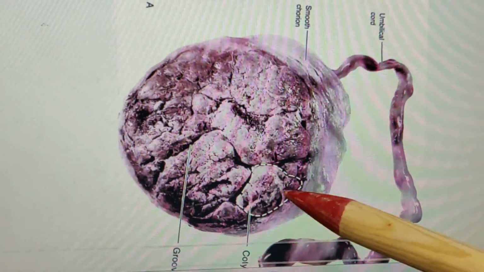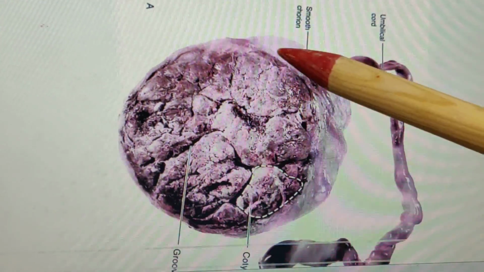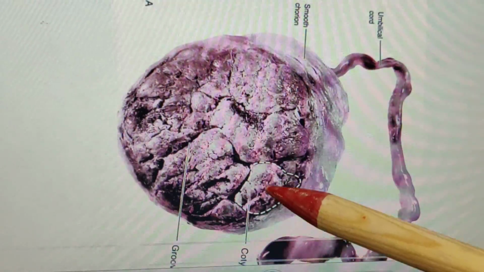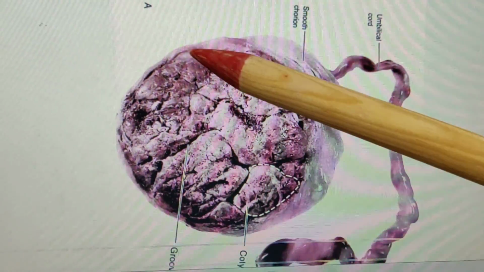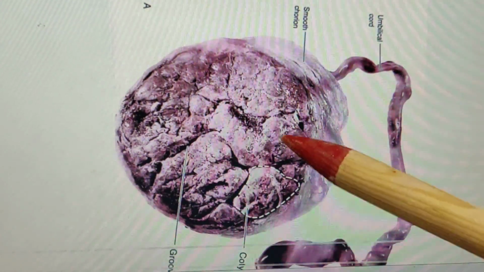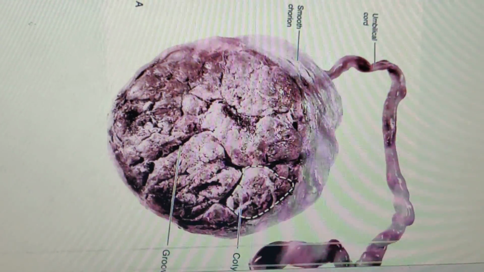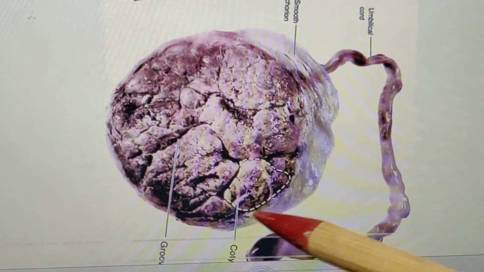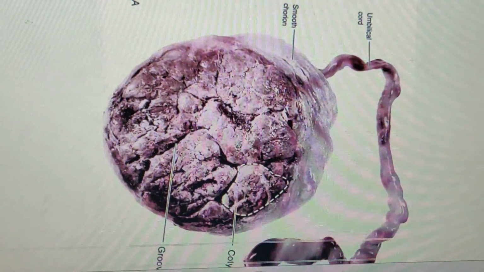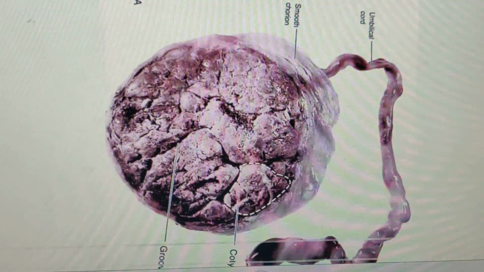These lobules give it the cobblestone appearance, and they are known as the cotyledons. They are generally 15 to 30 in number. So this is the feature of the maternal surface, and before that we saw the feature of the fetal surface.